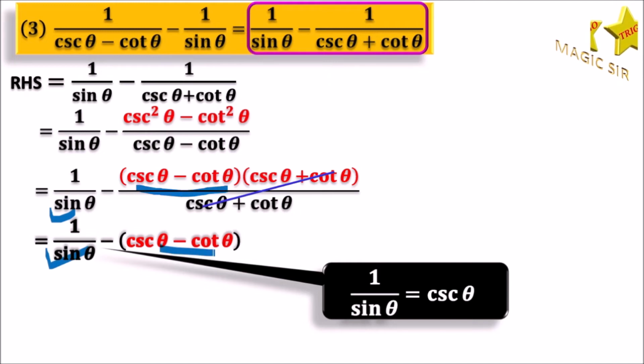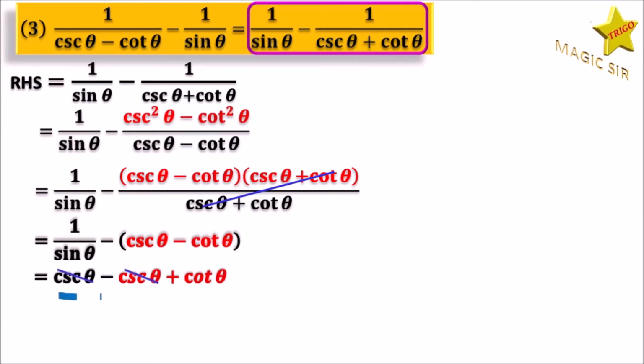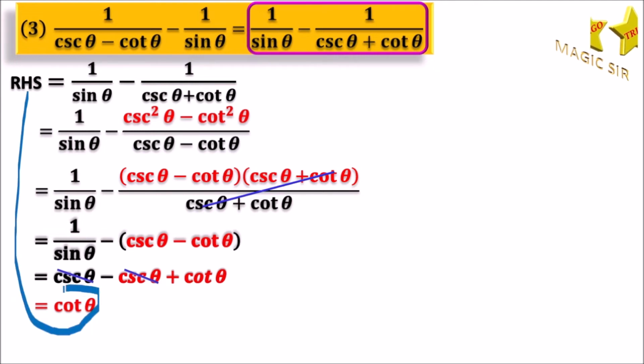But we know that 1 upon sin theta equal to cosec theta. Therefore, RHS is equal to cosec theta minus cosec theta and minus minus plus cot theta. Here, positive cosec theta cancels with negative cosec theta. Therefore, RHS is equal to cot theta.